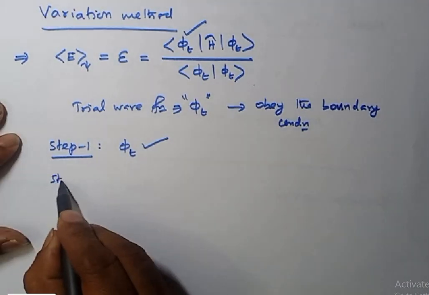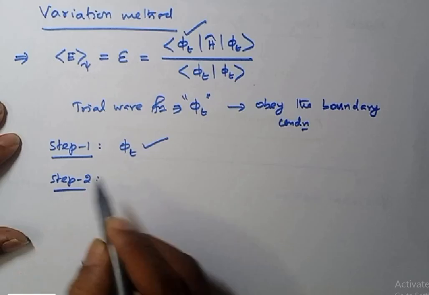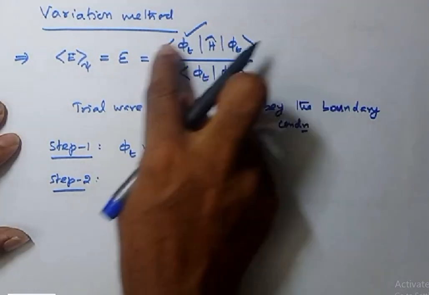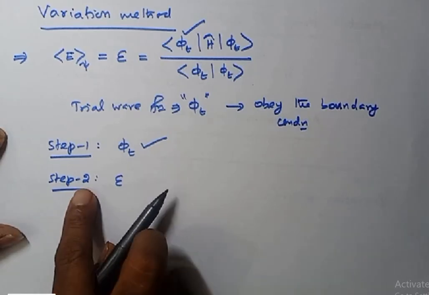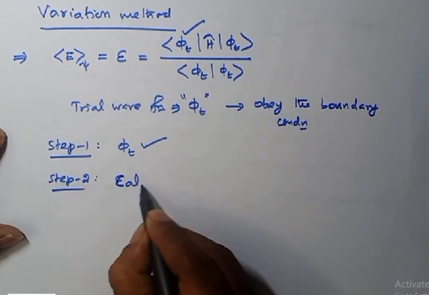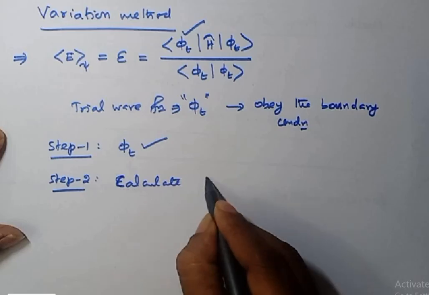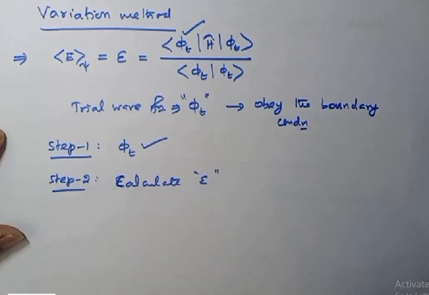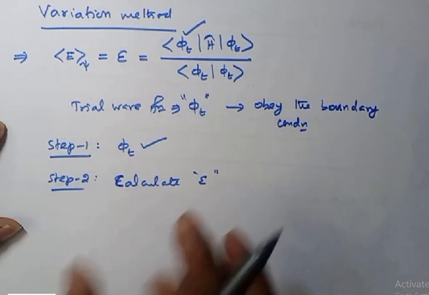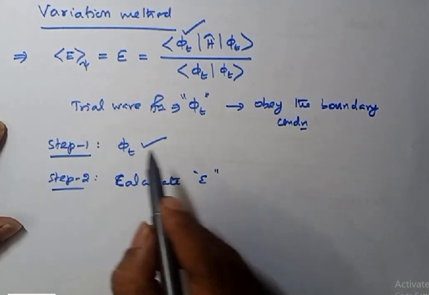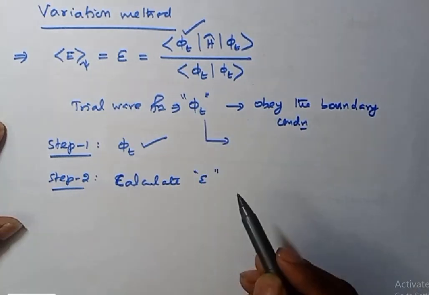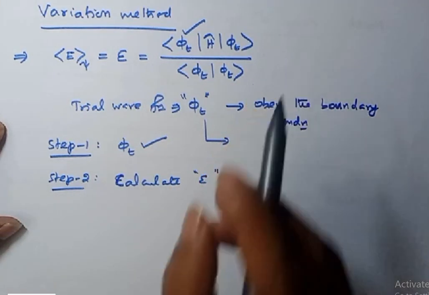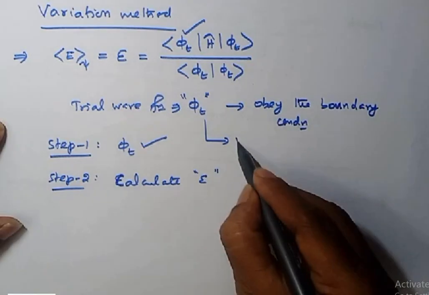Then what is step 2? Step 2. Using that trial wave function, calculate the expectation energy E. This is very important. While choosing the trial wave function, you should include some parameters called variation parameters.